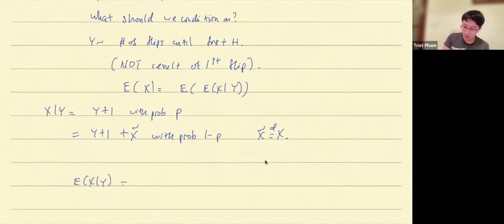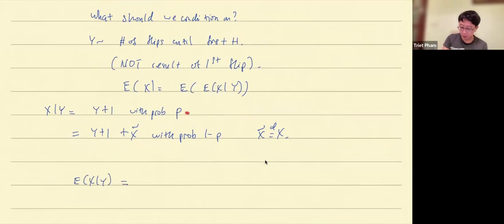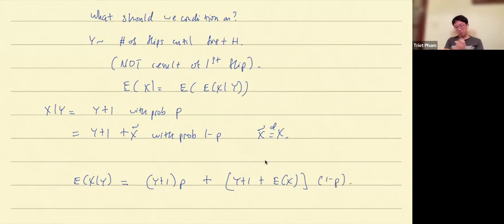Well, clearly it takes on these two values. Notice y is a constant. So expectation of x given y will be y plus 1 times p plus y plus 1 plus expectation of x, because x tilde and x have the same distribution, times 1 minus p. Okay, so far?